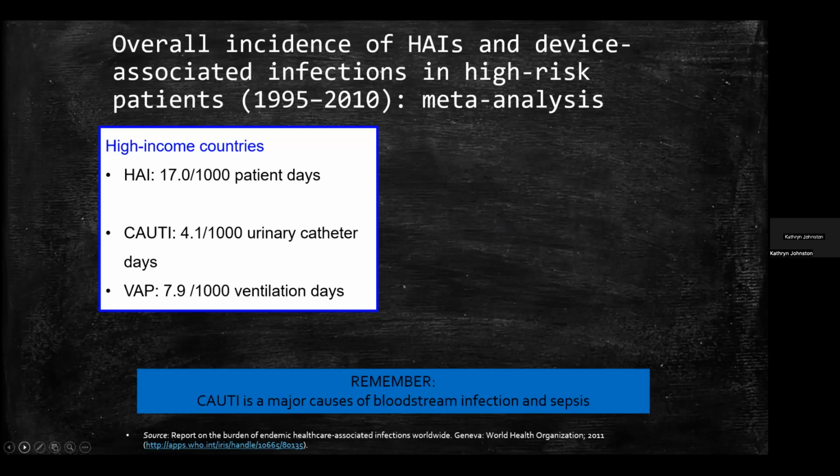What's really important to remember is that oftentimes catheter-associated urinary tract infections can lead to bloodstream infections and sepsis. And when sepsis develops, then the risk of mortality increases.